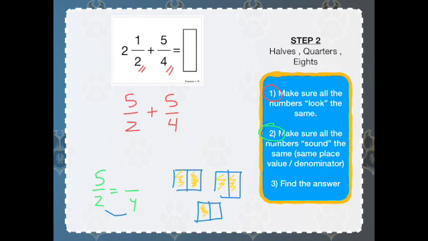And because my relationship between 2 and 4 is double, or times 2, that tells me that I've got to take each of my rectangles, each of my halves, and cut them into 2 pieces again. And then I can just count how many quarters I have. 1, 2, 3, 4, 5, 6, 7, 8, 9, 10. So what I've shown is that 5/2 is the same thing as 10 quarters.